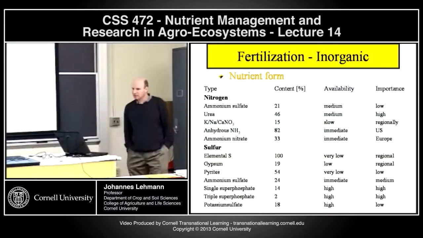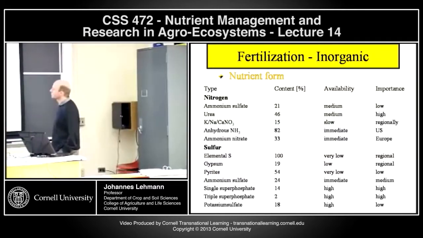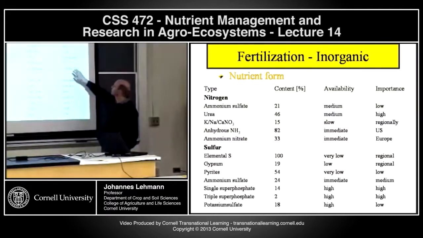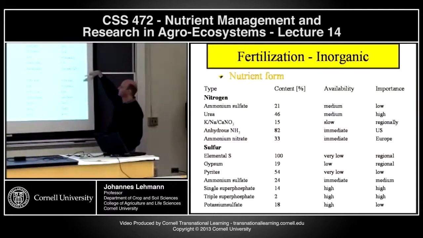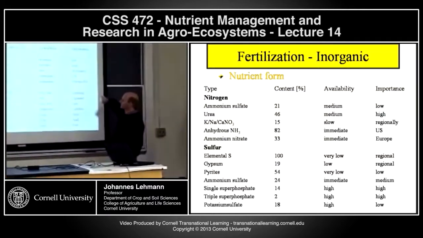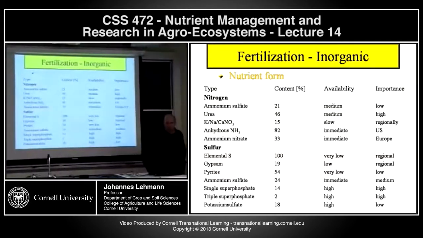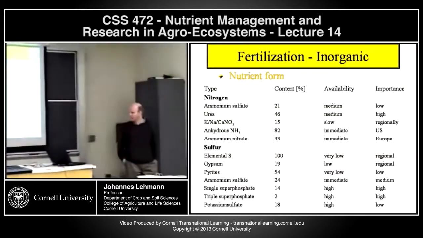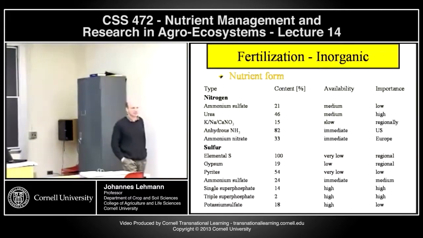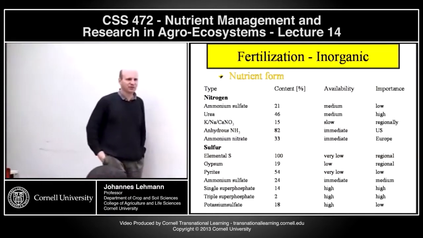Now let's look at these nutrient forms, how much is in each of these fertilizers, and the availability of those nutrients, and a little bit a guideline how important they are today, although this can be regionally very different. Nitrogen used to be ammonium sulfate, has today a low importance. Why would you guess it has a low importance today? You can already guess it maybe from this chart.